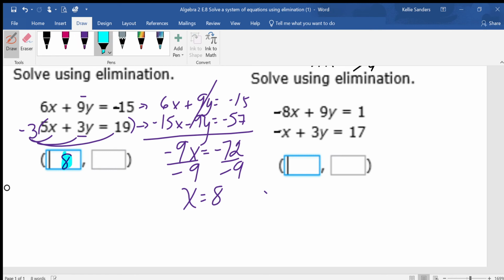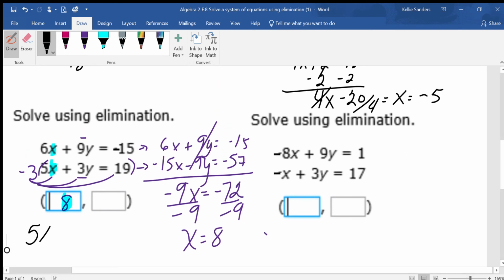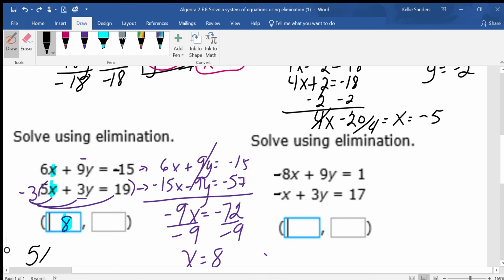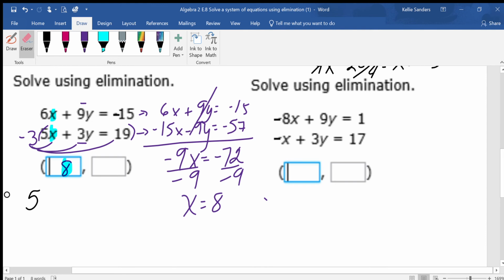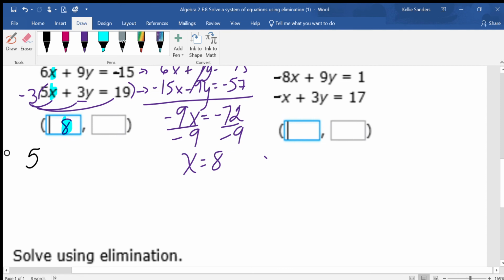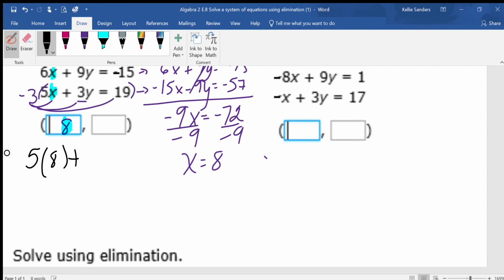And now you're going to put this 8 into either this x or this x. It doesn't matter. So I'm going to use the bottom one. 5x. Nope. X is 8, plus 3y equals 19.